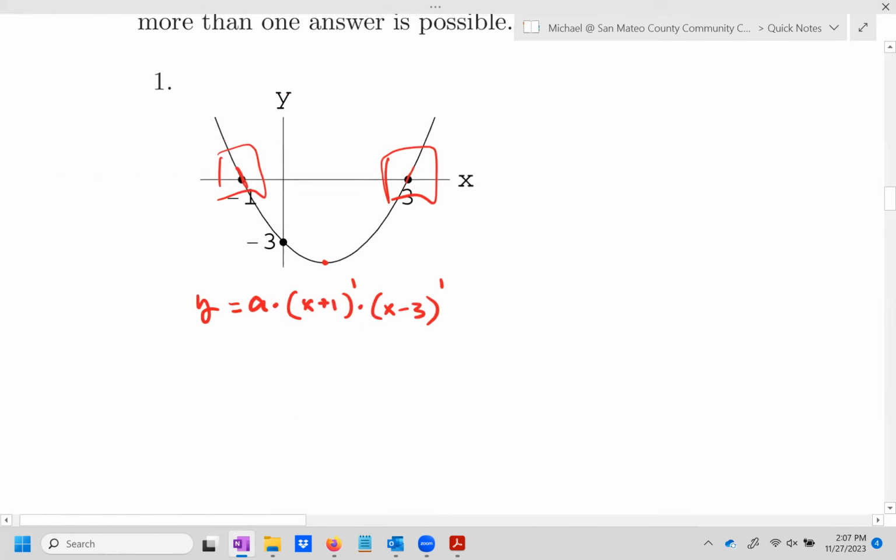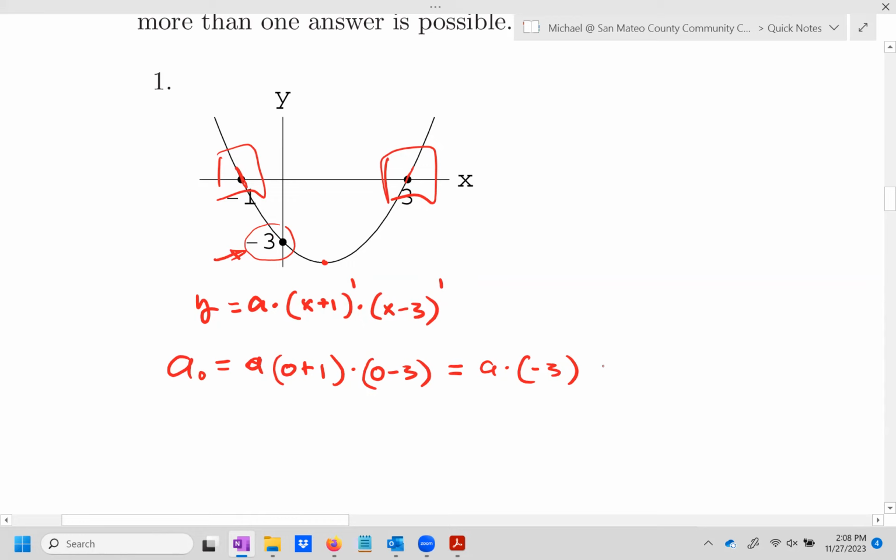And I need negative 3 to be the y-intercept, so a0 is going to be a times 0 plus 1 times 0 minus 3, which is a times negative 3. And I know a0 has to also be the y-intercept, so this has to equal -3. Sorry, that was confusing.